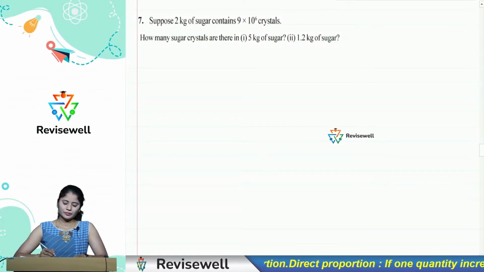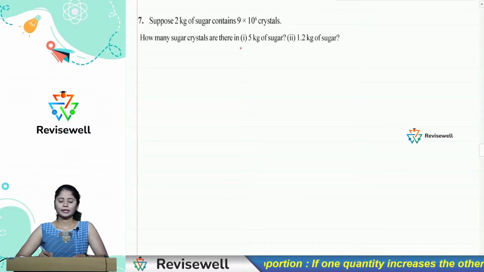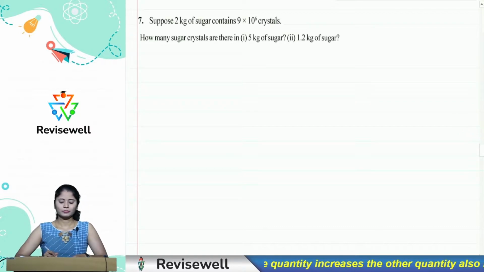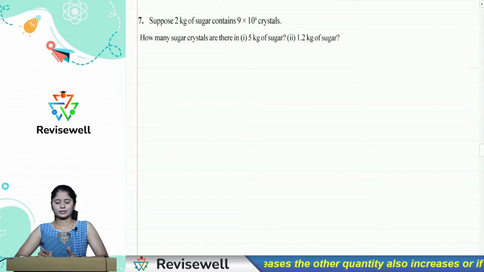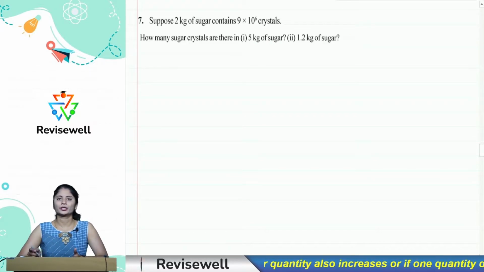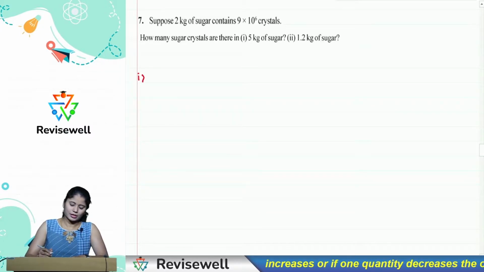Next question. Suppose 2 kg of sugar contains 9 into 10 raised to 6 crystals. How many sugar crystals are there in 5 kgs of sugar as well as 1.2 kg of sugar? You have two subquestions here. First we will solve the first subquestion, that is i.